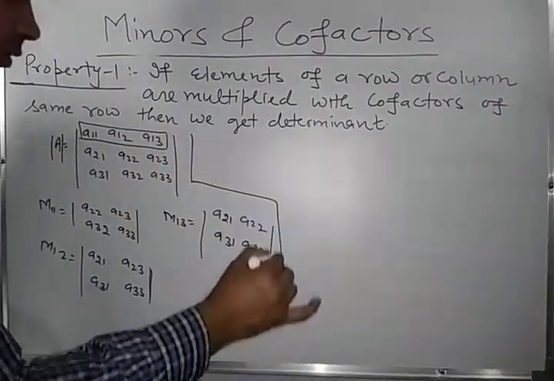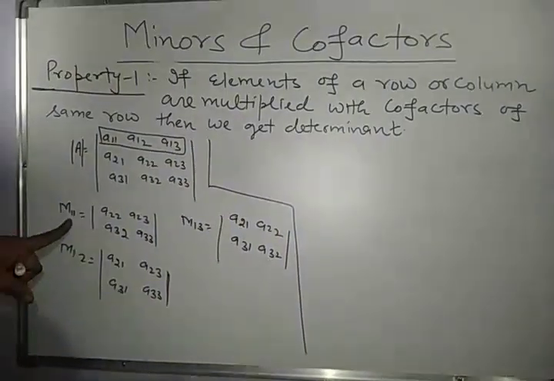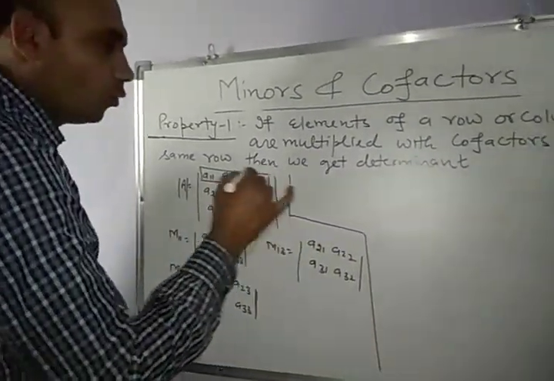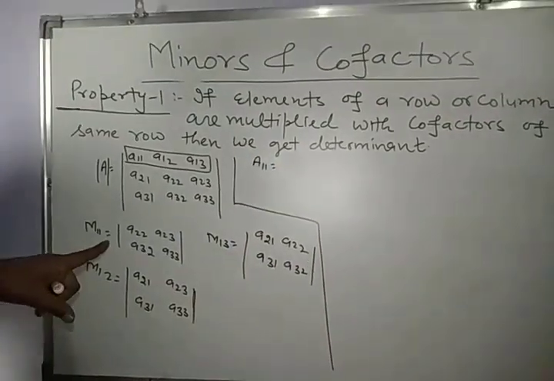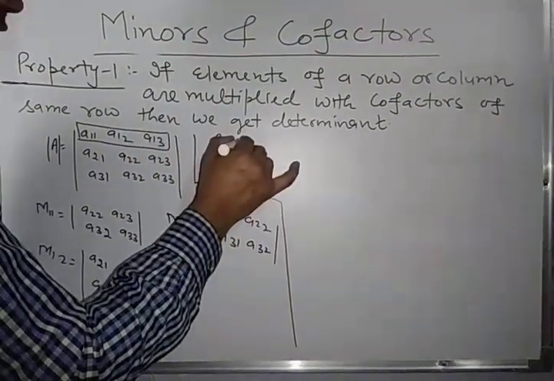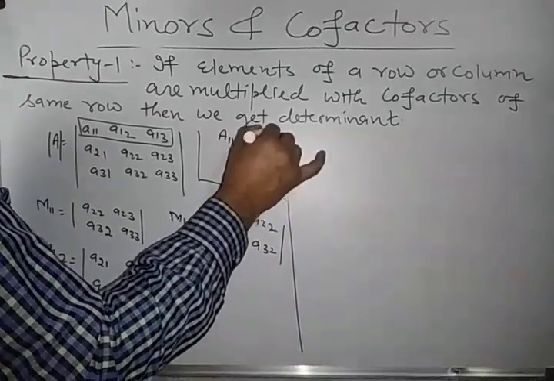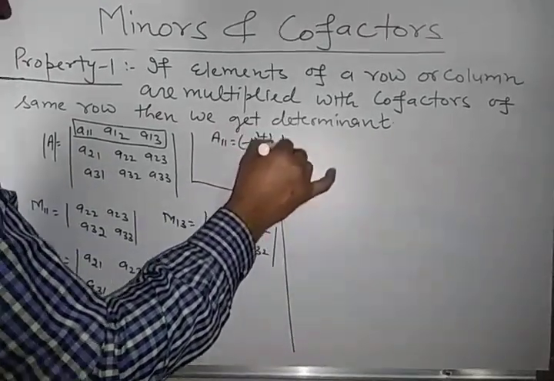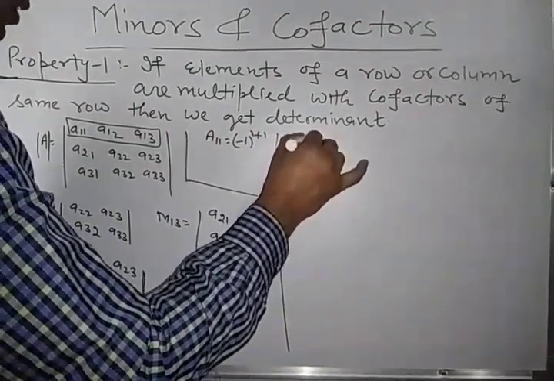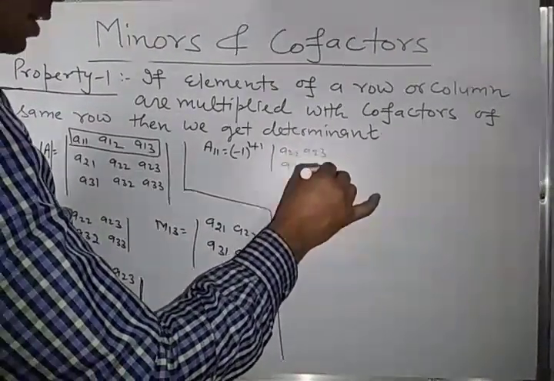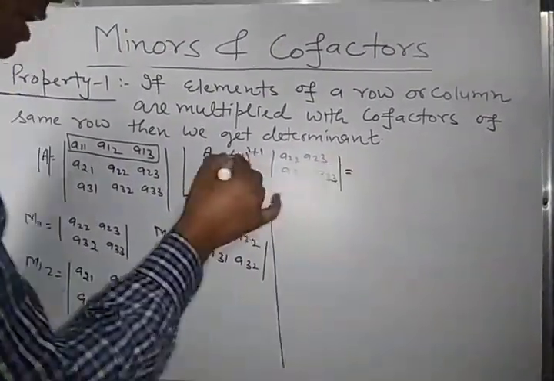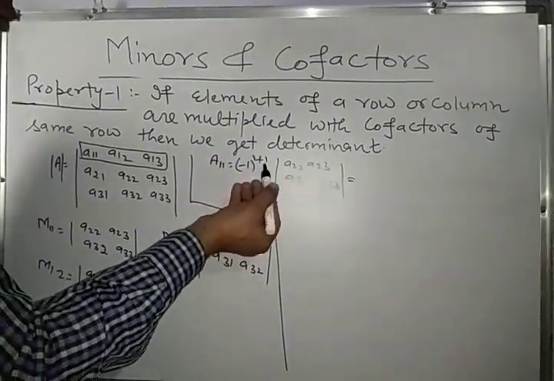Further, the cofactor of A11 is only a change of sign, minus 1 to the power 1 plus 1, times the determinant A22, A23, A32 and A33, and minus 1 to the power 2 is 1 again.